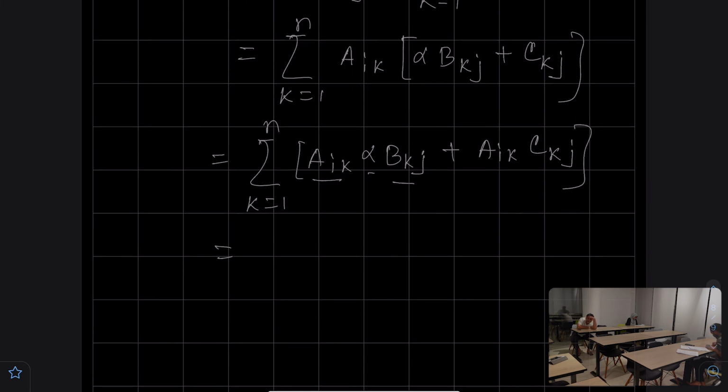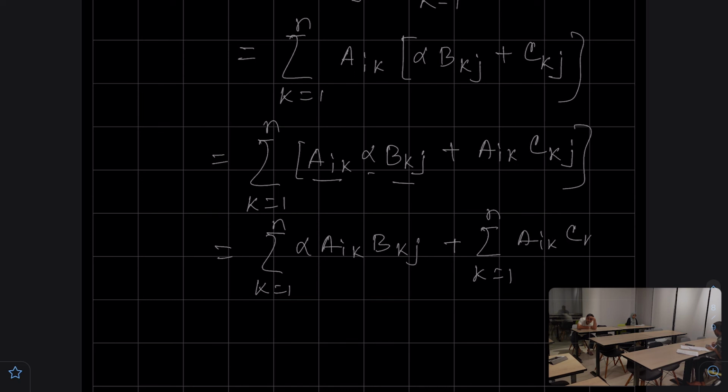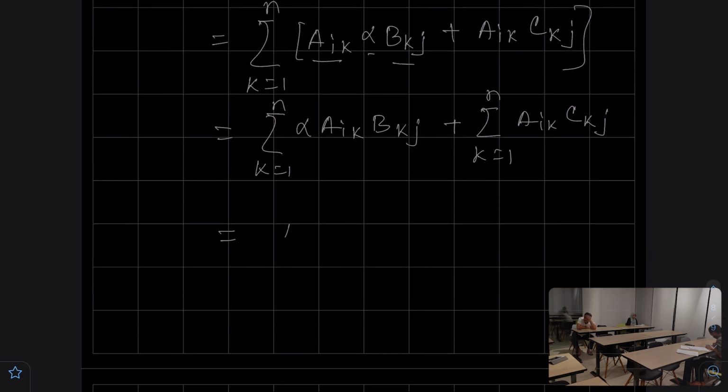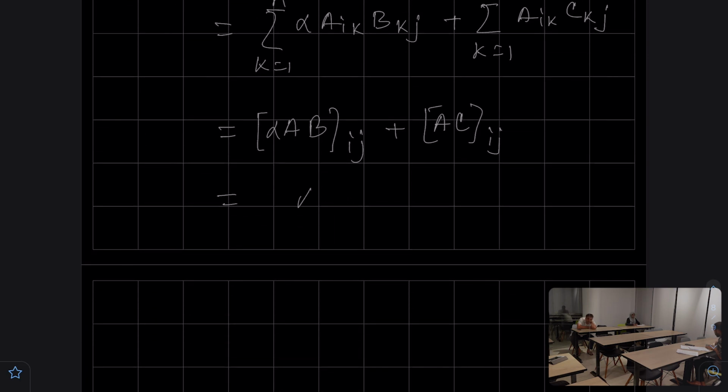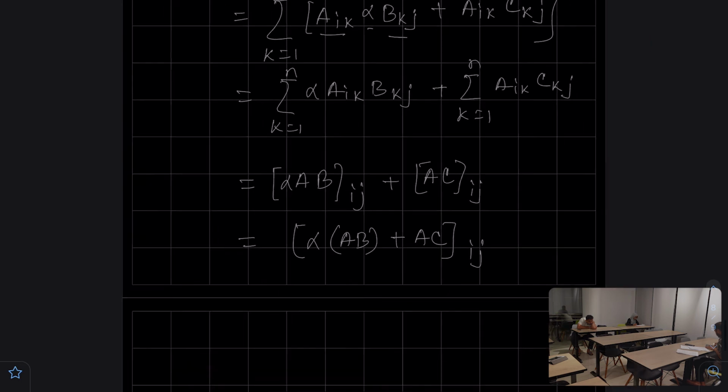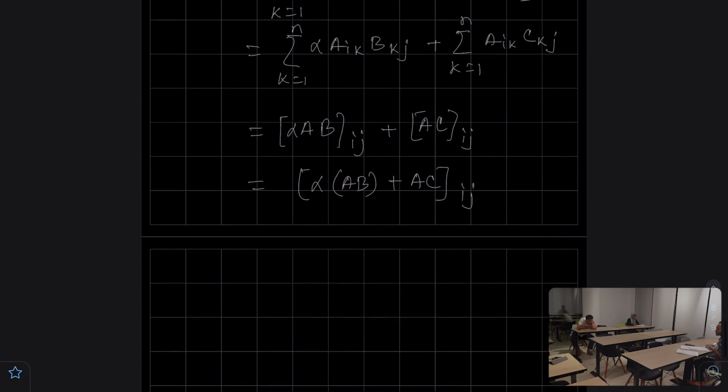Now let us consider two solutions of this system, x1 and x2, of Ax equals 0. I can take the linear combination of these two, alpha x1 plus x2. If I multiply this by A, then this is equal to alpha Ax1 plus Ax2, using the previous lemma.